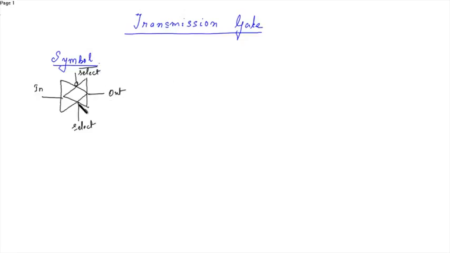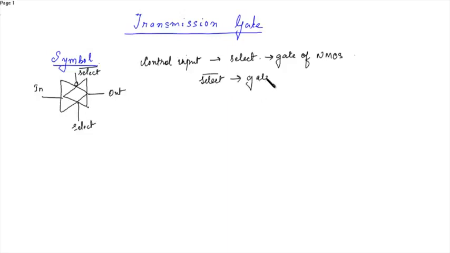Now there is a control input, that is select, which is given at the gate of NMOS, and the complement of it, that is select bar, is given at the gate of PMOS.